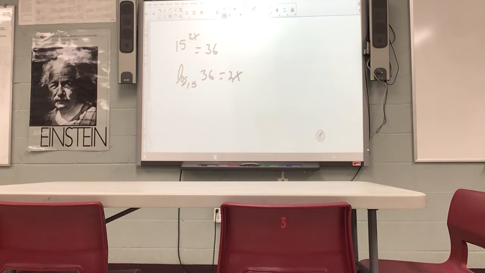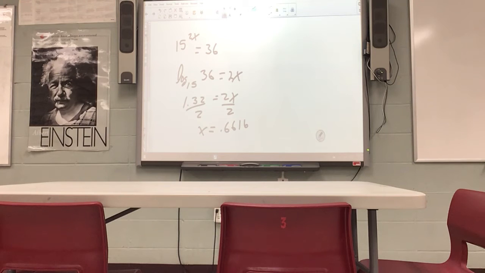Then we hit math and go to log base on our calculator. I think I got approximately about 1.32 when I did that. So my last step now, sometimes we're done there, but this says equals 2x. So we need to divide by 2. Did you get A? Good job.